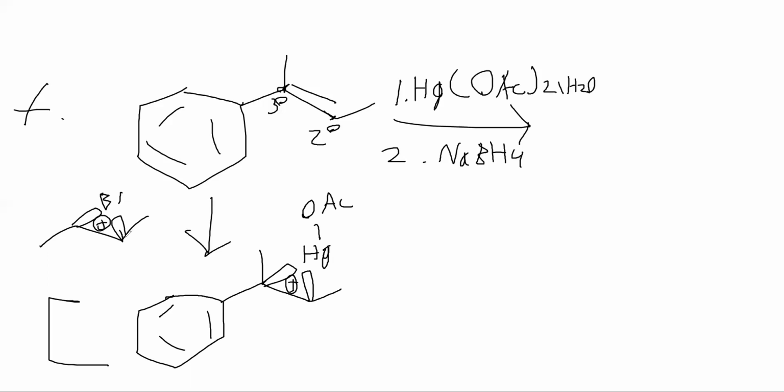And just like if we were adding Br2 and H2O, the OH would attack here, the more substituted spot, because that would be the more stable cation if it were to form. The same thing happens here with this mercury and this three-membered ring. We have water, and the water comes in and breaks this bond.